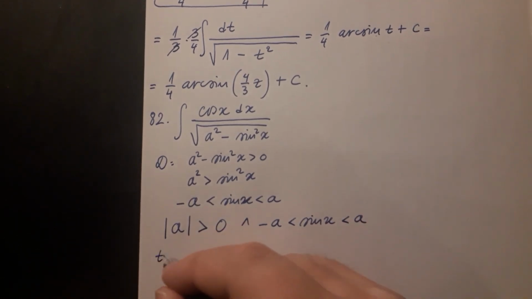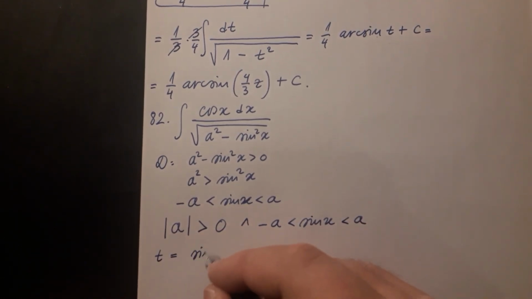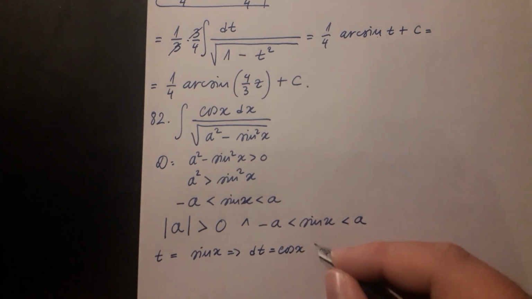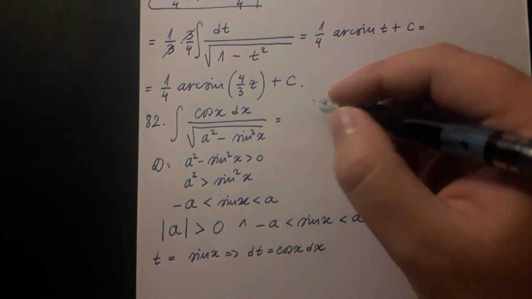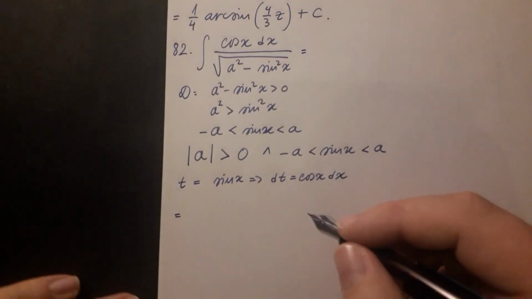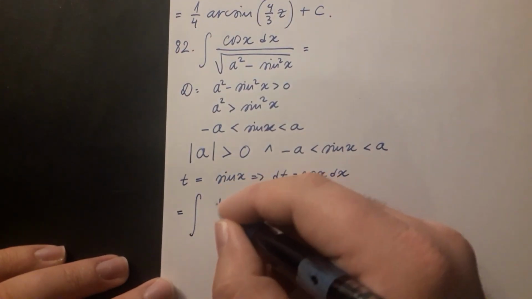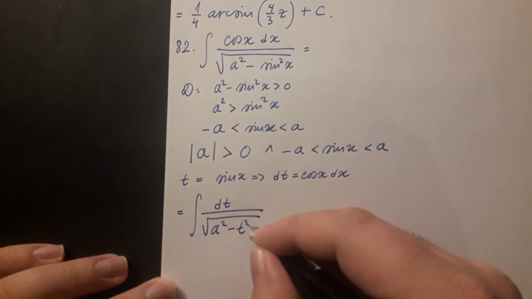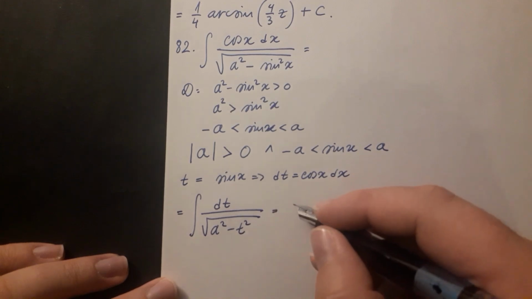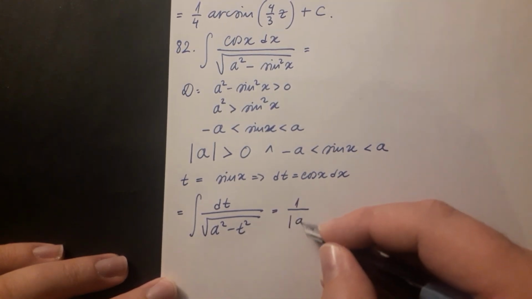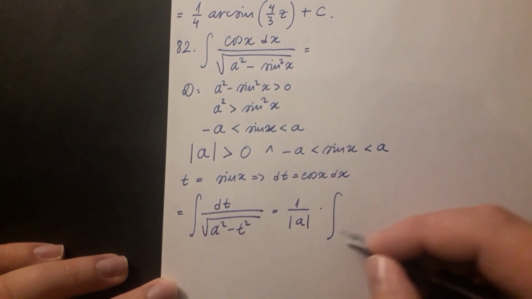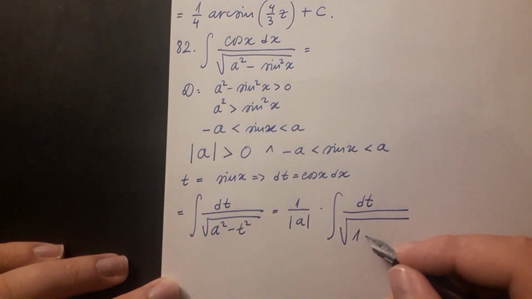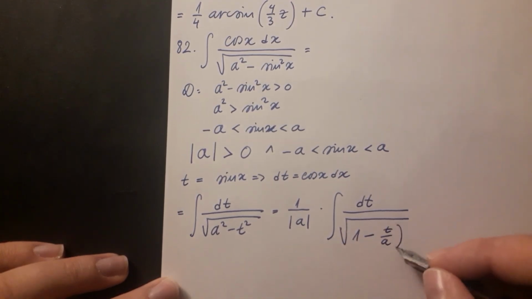By introducing the substitution that t is equal to a sine of x, we get that the differential of t is equal to a cosine x dx. This integral is then, using the substitution, transformed into an integral of dt over a square root of a squared minus t squared. This is then equal to 1 over the absolute value of a times an integral of dt divided by a square root of 1 minus t over a squared.